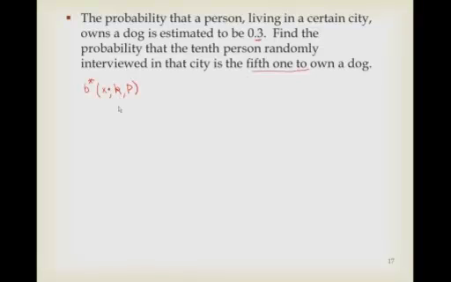So what is the x going to be? Well, clearly it's going to be 10. And k is 5, the 5th person, and the probability is 0.3.